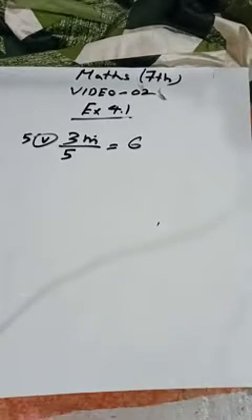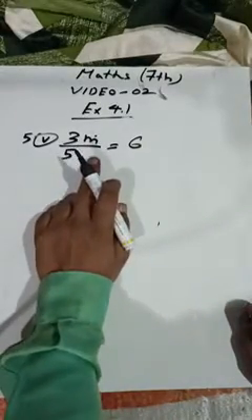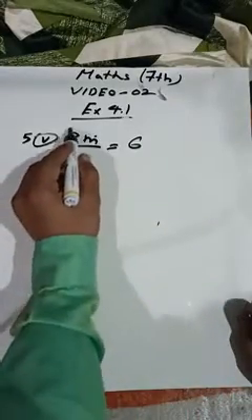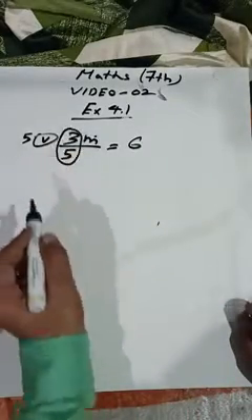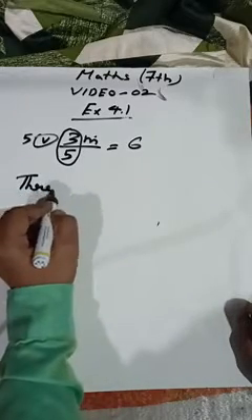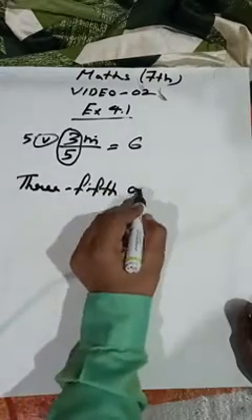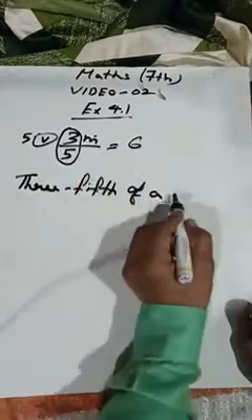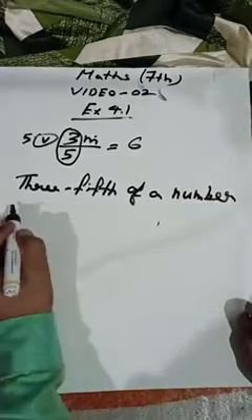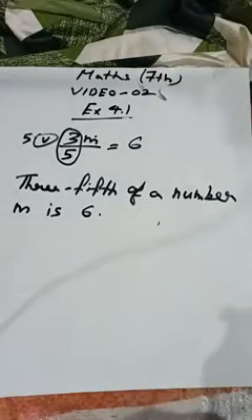Now the fifth part, here it is written 3m upon 5 is equal to 6. We can write like this. See, 3 upon 5 is what? 3/5. So we can write 3/5 of a number m is 6.